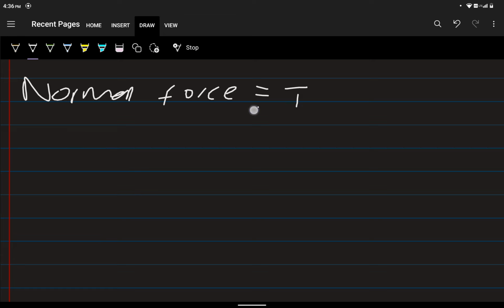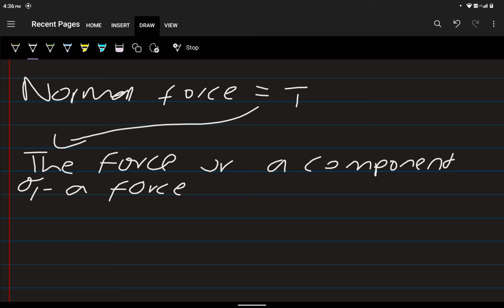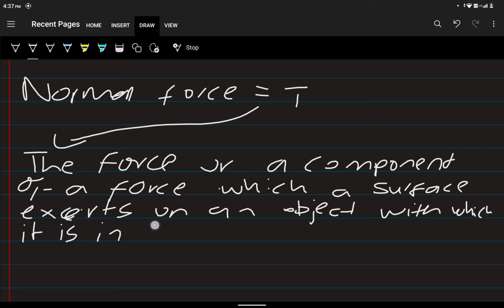It is known, okay, let me write the definition down here. It is known as the force or a component of a force, okay, which a surface exerts on an object with which it is in contact with, right?